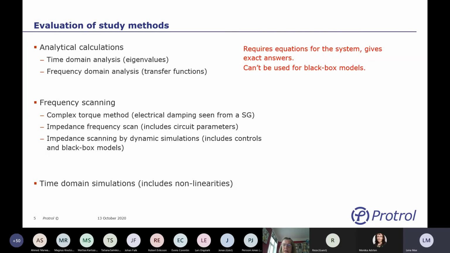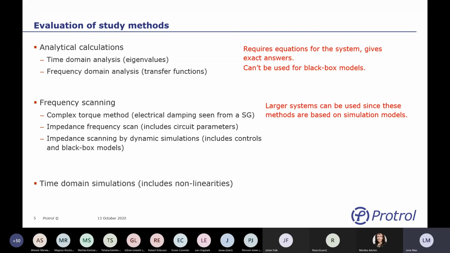We can also look at the impedance at different frequencies, for different parts of the system. That can be done in two different ways: either a very simple impedance frequency scan that just includes circuit parameters, or by dynamic simulations, which include controls and black box models.